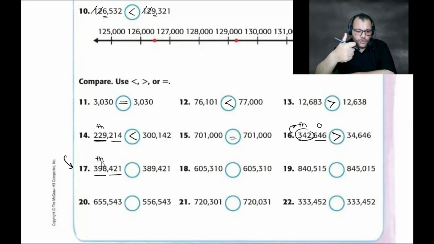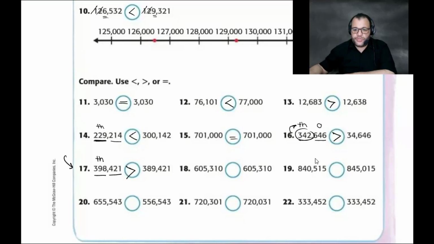Bigger than or greater than, less than or equal. 398,421 and 89,421. The bigger is 398,421. Thanks.